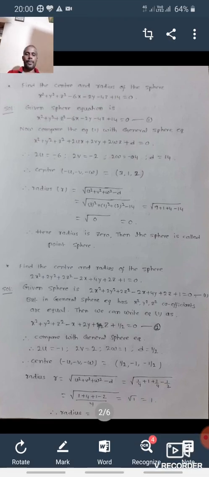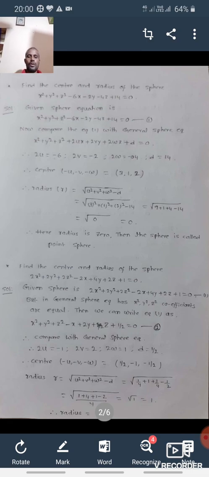So root of: u² means (1/2)², plus v² means (−1)² which is 1, plus w² means (−1/2)², minus 1/2.